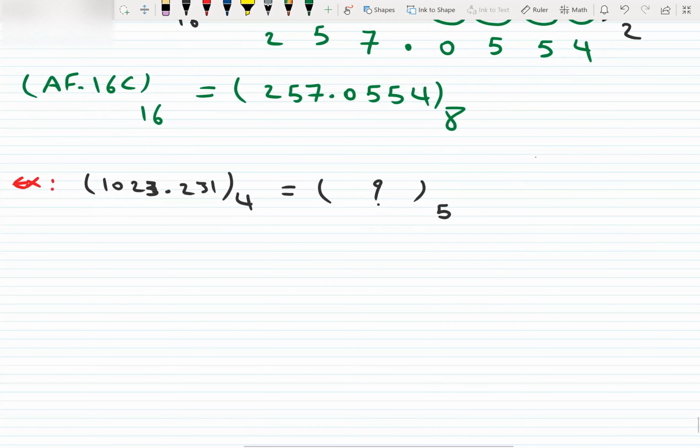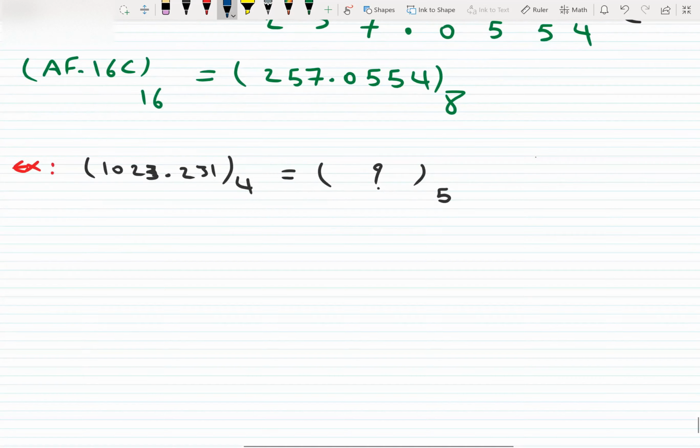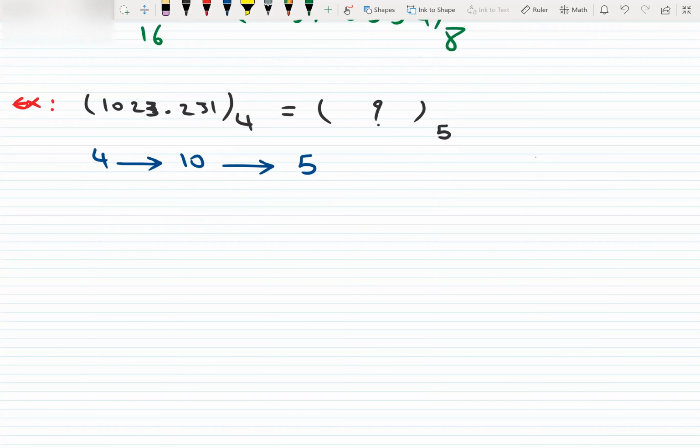Okay, the only method that we can use is converting from base 4 to base 10 and from base 10 to base 5. So in order to convert from base 4 to base 10, we multiply each digit with the base to the power of n to convert it to base 10.